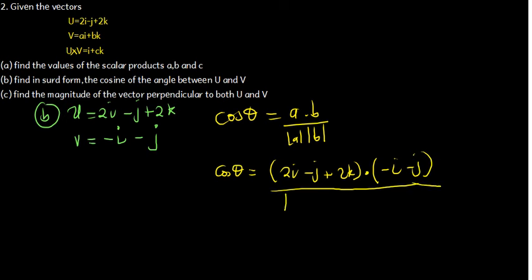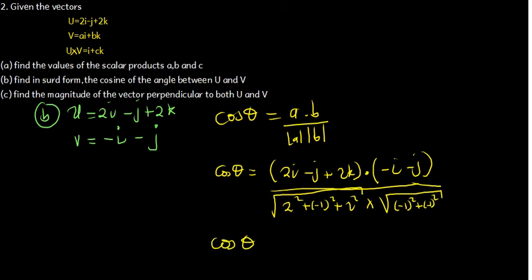So the magnitude of a is going to be the square root of 2 squared plus negative 1 squared plus 2 squared, multiplied by the magnitude of b, which is the square root of negative 1 squared plus negative 1 squared, giving us cos theta being equal to the component of x here.